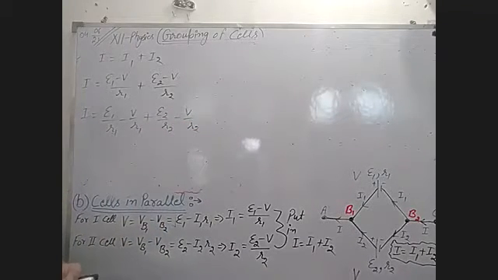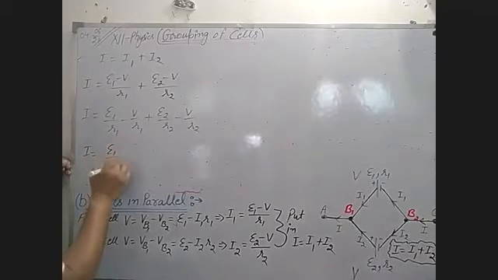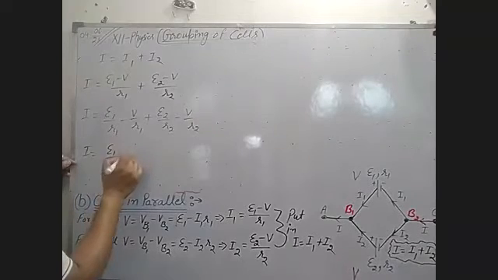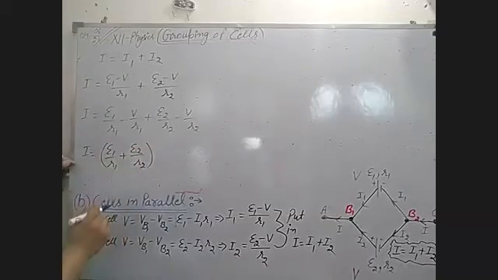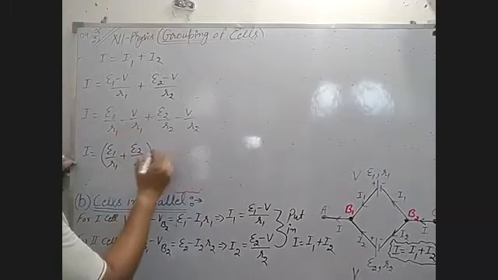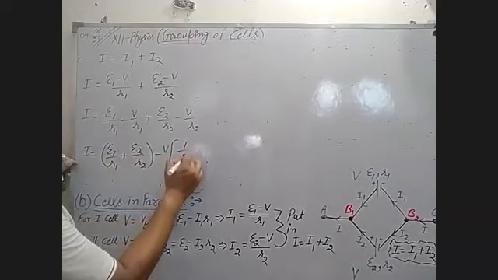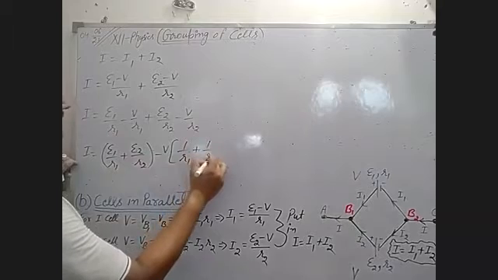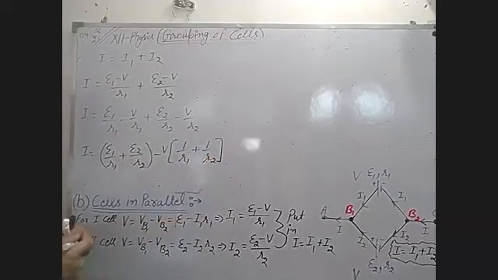After that, the E1, E2 terms you can write this way also: E1 upon R1 plus E2 upon R2, written separately, minus V, taking V common, 1 upon R1 plus 1 upon R2.